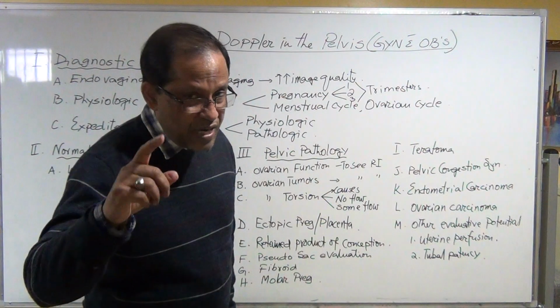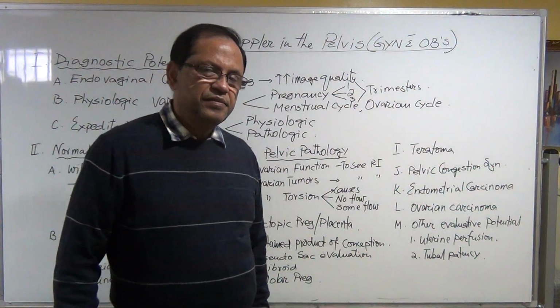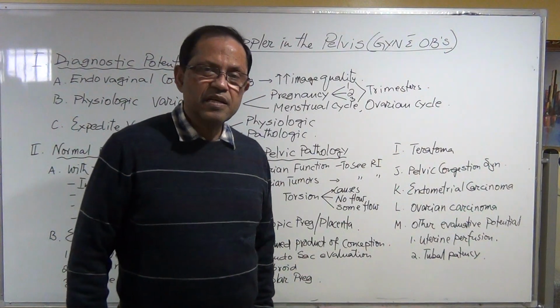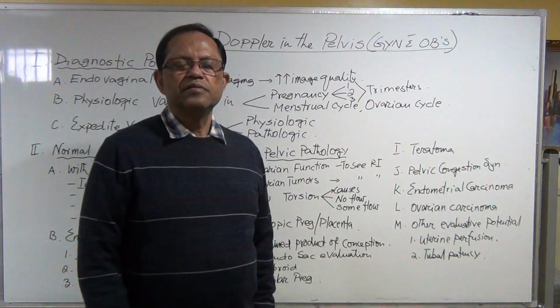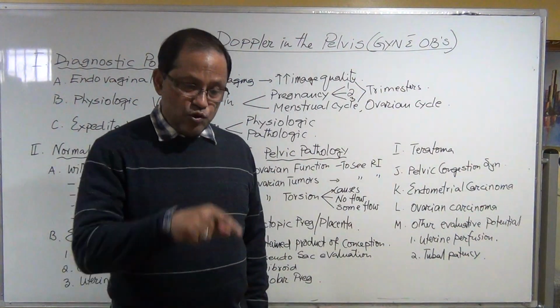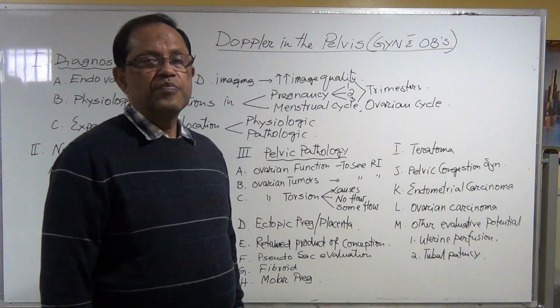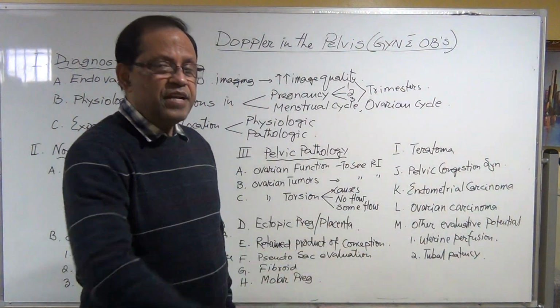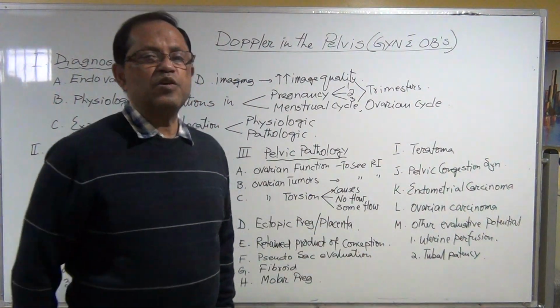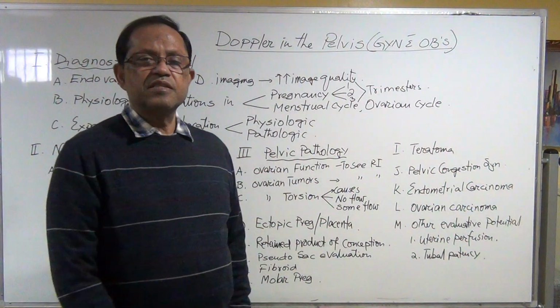And if the uterine artery bilaterally has a poor blood supply, how can I know that? Do the Doppler. See the uterine artery and measure the peak systolic velocity and end diastolic velocity, and calculate the resistivity index.